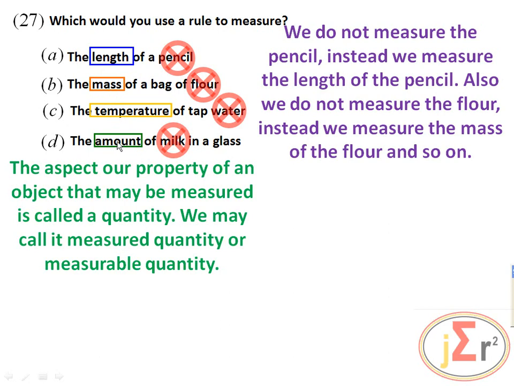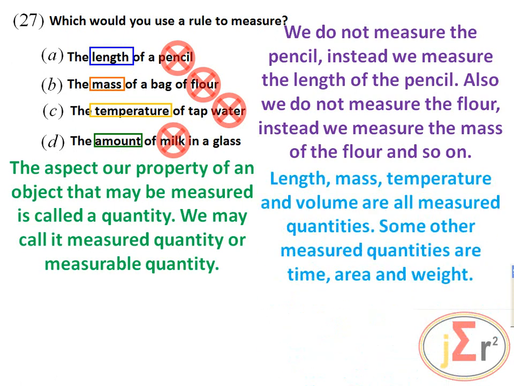The amount, which should really be volume, volume is a quantity because we can measure volume. So what we can measure is called a quantity. Length, mass, temperature, and volume are all measured quantities. Some other measured quantities are time, area, and weight. So we have many measurable quantities.